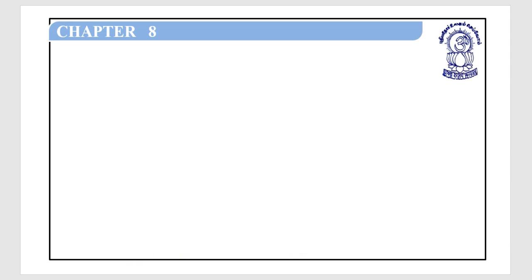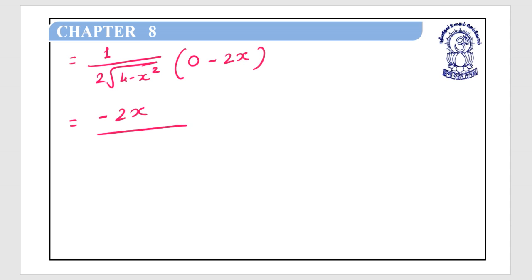Constant term differentiation is 0, minus differentiation of x square is 2x, is equal to minus 2x upon 2 under root 4 minus x square. 2 to cancel, so minus x upon under root 4 minus x square.